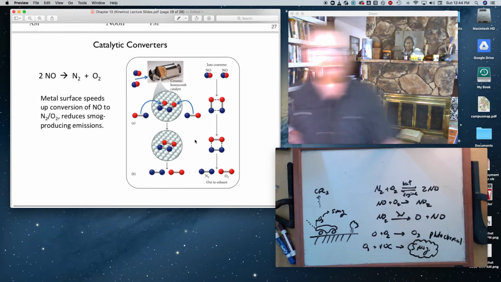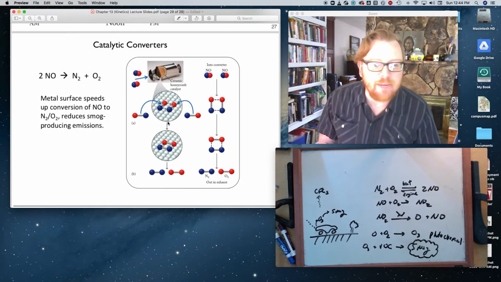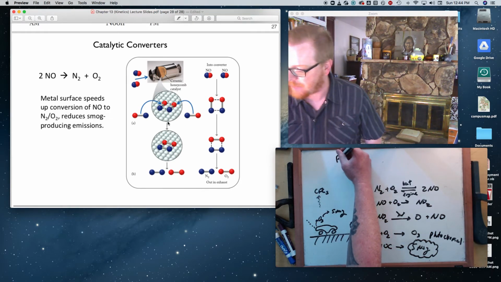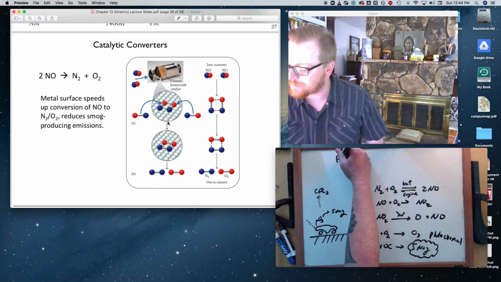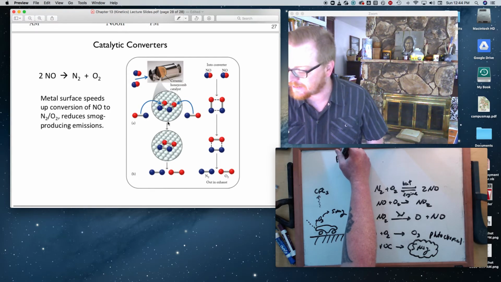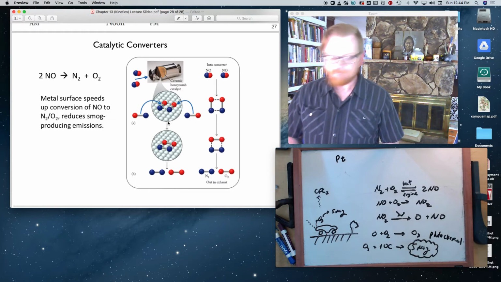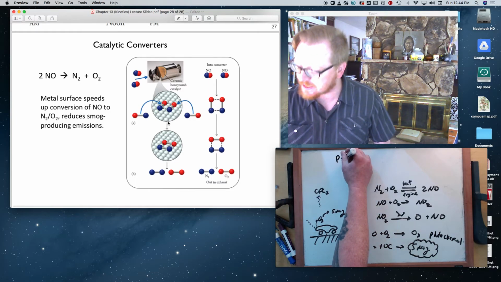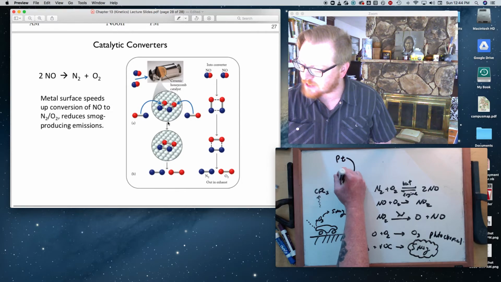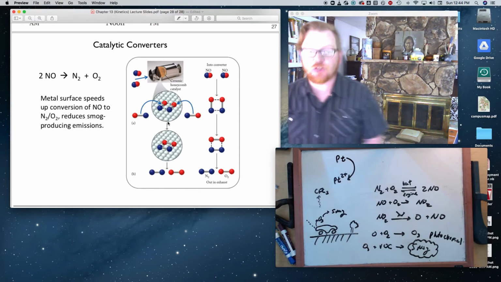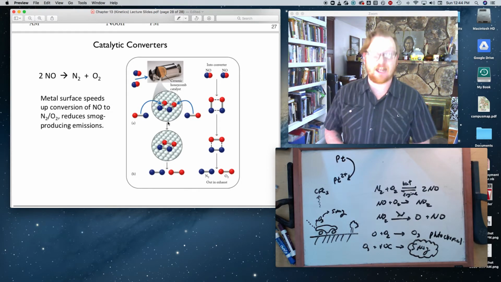The NOs land on the platinum catalyst, Pt. And when they land on that platinum catalyst, the platinum donates electrons to the NO. So this is a redox reaction.